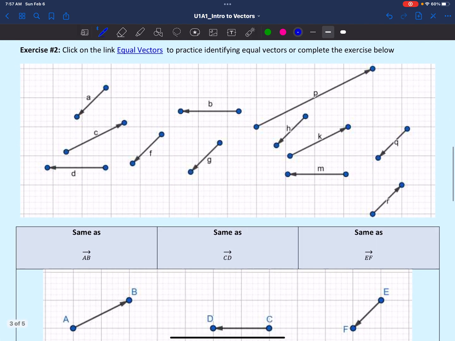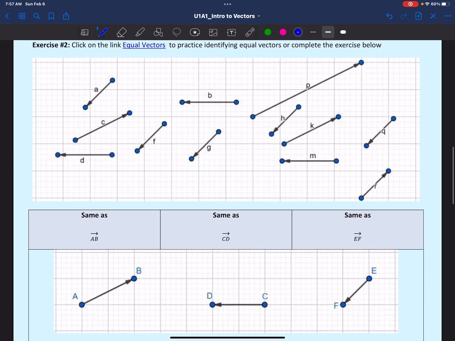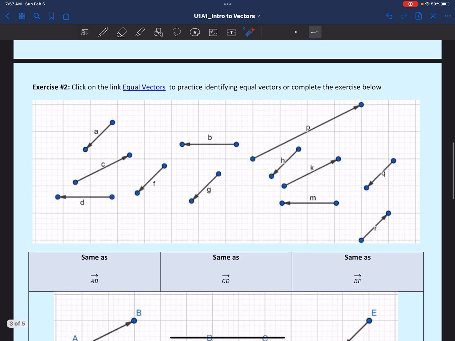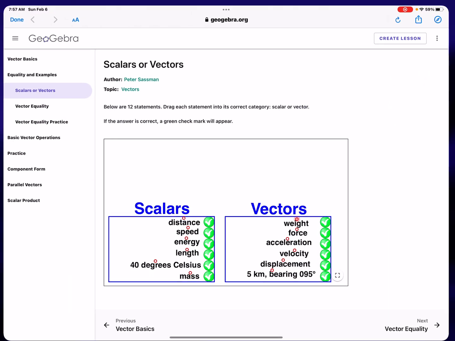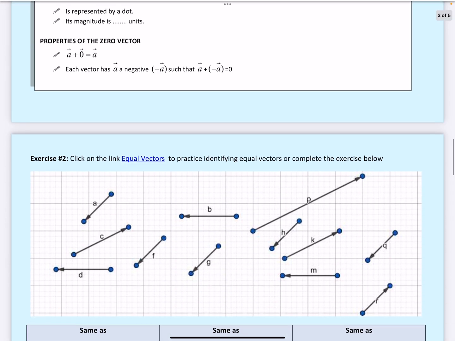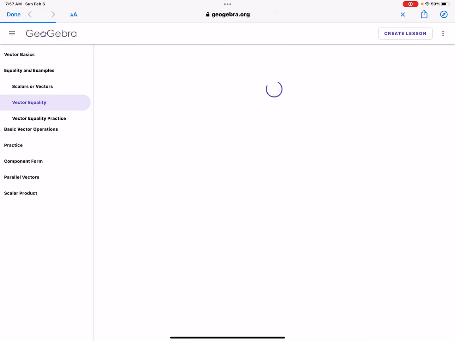So now we're going to take a look at this next exercise, and we will describe which vectors are equal to vector AB or vector CD or vector EF. And for this, we're going to take a look again at the GeoGebra activity first, and then we'll complete the exercise on the handout.